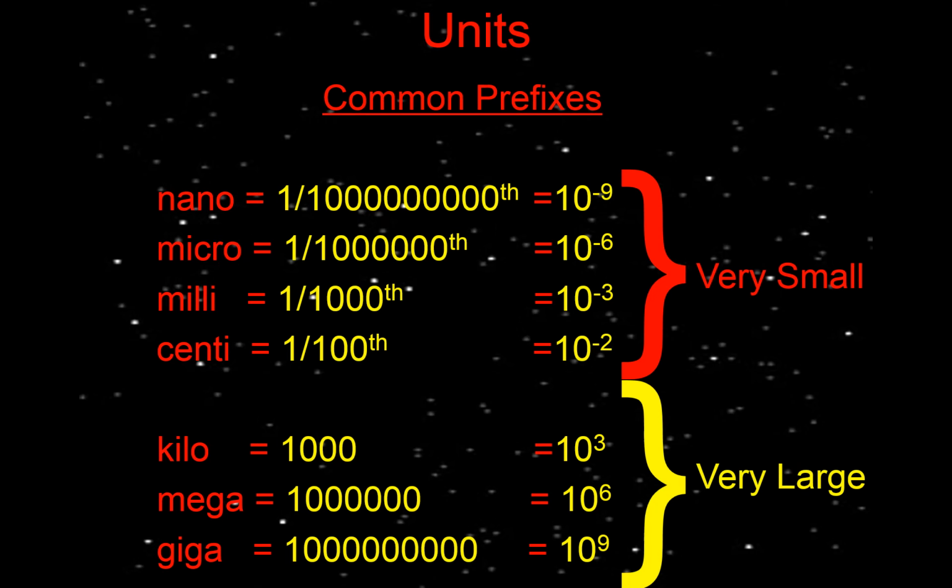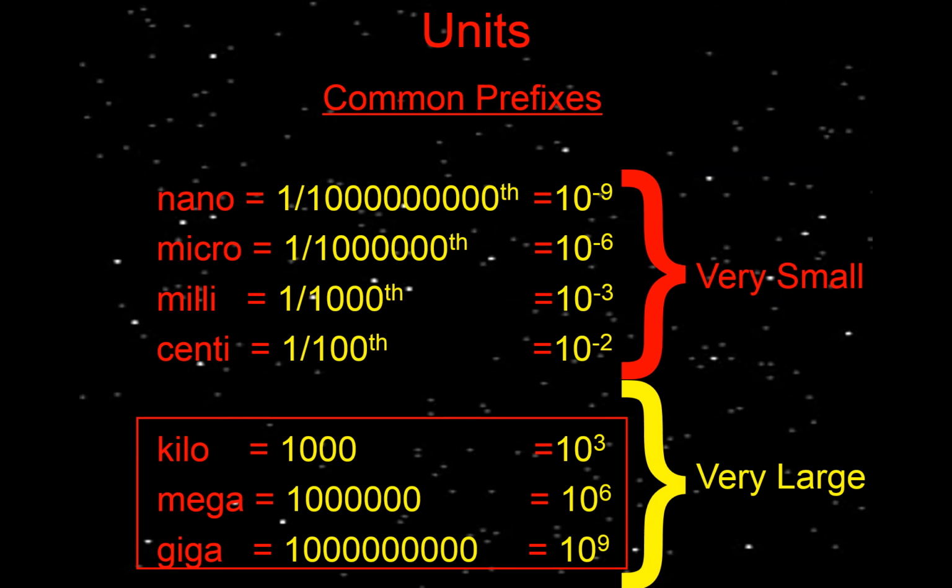So we will be focusing on the very large, which would be kilo being 1,000, mega being basically a million, and giga being in the billions range, 10 to the 9. So for this class today, we'll use these very large numbers.